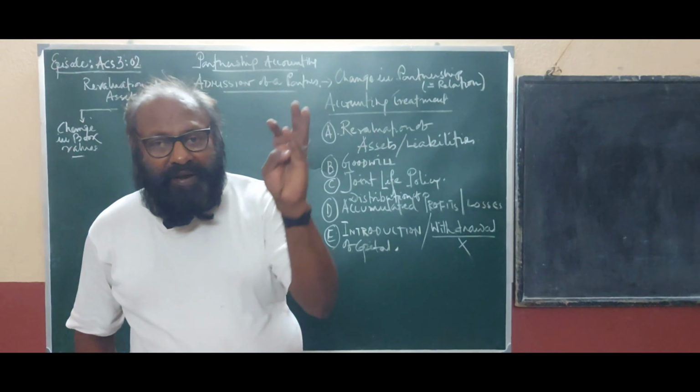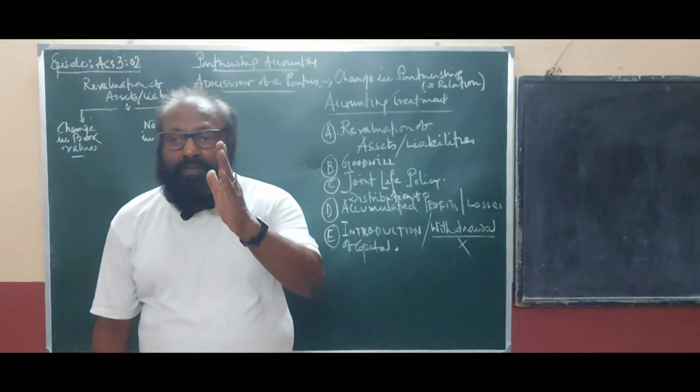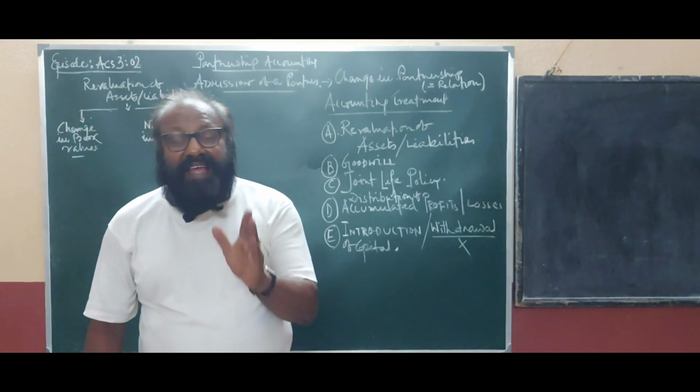The business continues its work, but when the question of dissolution of partnership firm comes into being, the business activities are closed. So dissolution of partnership firm is the closure of the business activities, and as an accountant, our task is to close down the books of accounts.